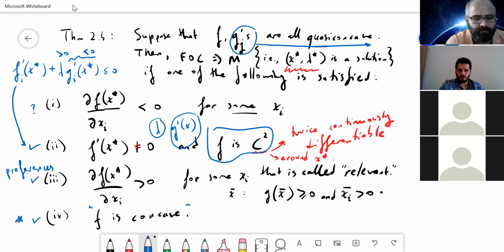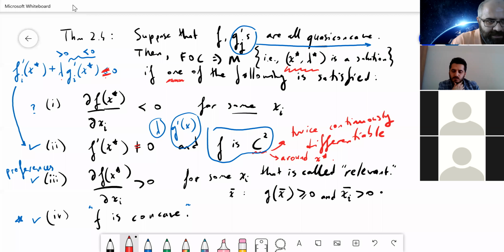No. One of them is enough. Any one of them works, but this is usually true because if you are consuming a particular good, let's say in a consumer problem, then this is with equality. If you are consuming a positive amount, by first order condition, this is positive.